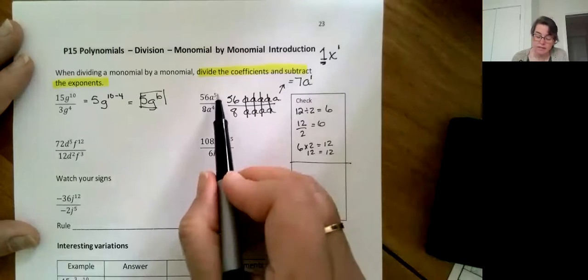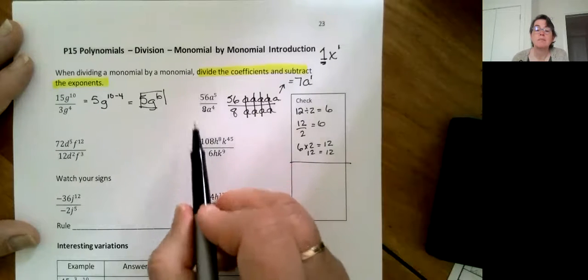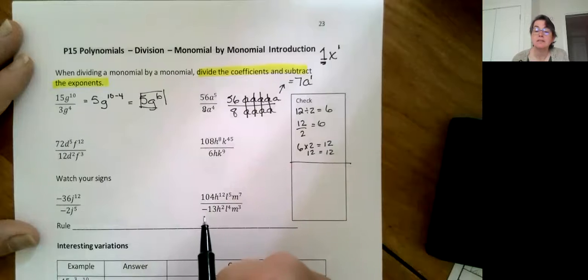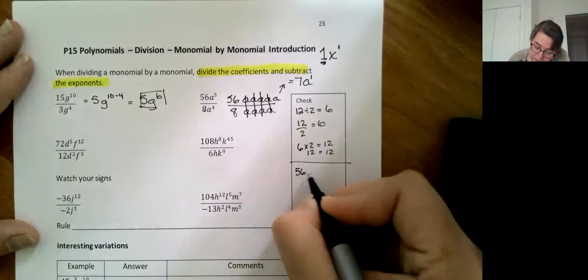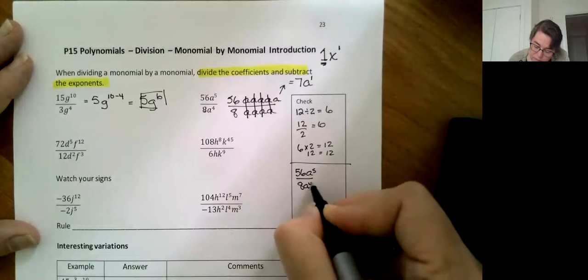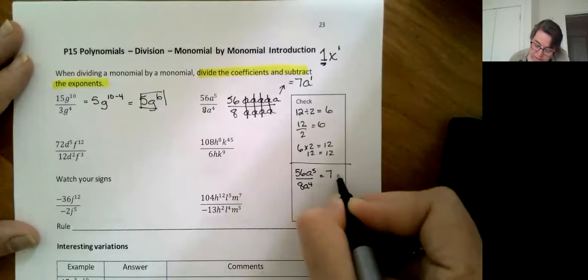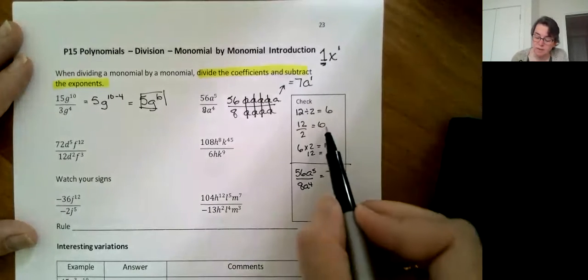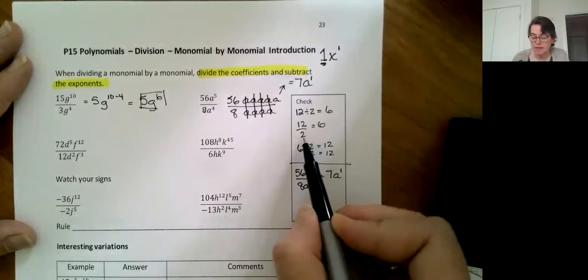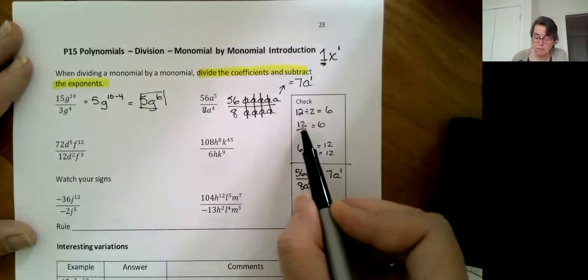But the cool thing is, when you're doing monomial division, you can do the same thing. So we got 56 a^5 divided by 8 a^4 is 7 a^1. So over here, we took our answer and multiplied it by the number we were dividing by, and we should get the top one.